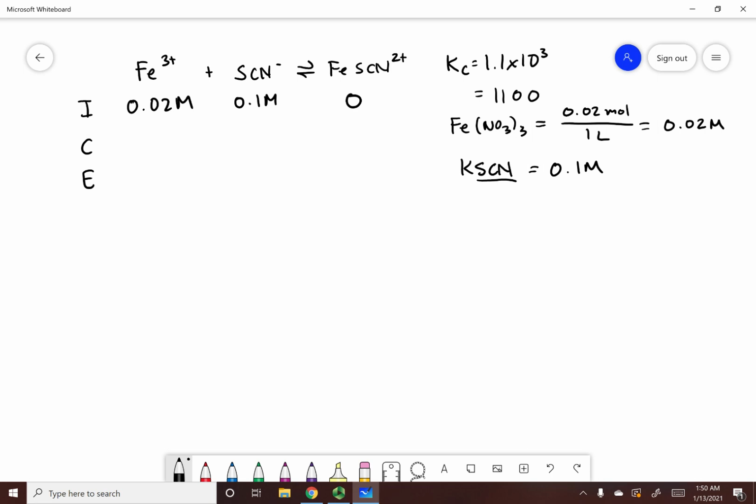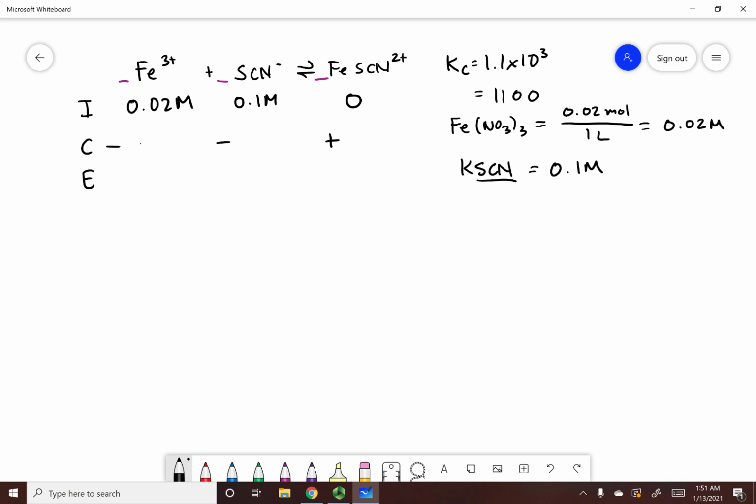So in this case, we're going to make products because we have 0 products. I'm going to make products, and that means I'm going to consume reactants. So my products are going to have a positive change and my reactants are going to have a negative change. If we look at our stoichiometric coefficients, everything is in a 1-to-1 ratio.